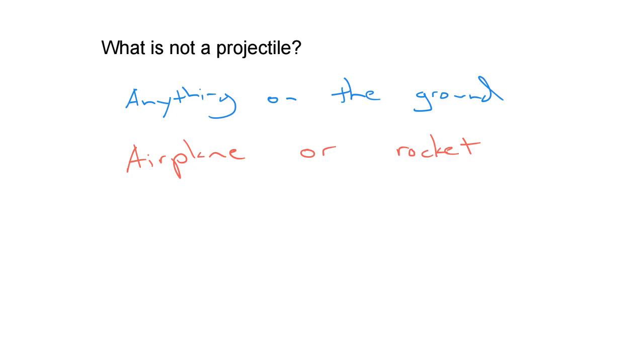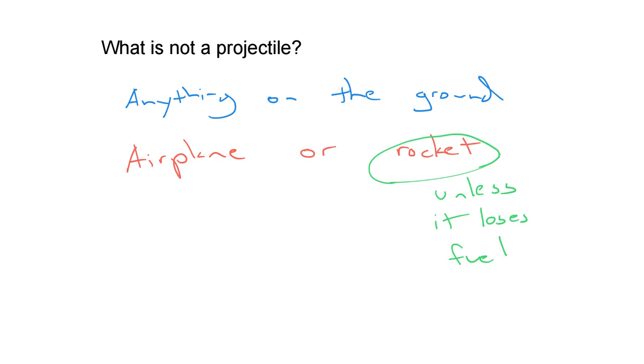of fuel and then just starts to fall or fly under the influence of just gravity, then it becomes a projectile. So with a rocket, unless it loses fuel, at that point it becomes a projectile.